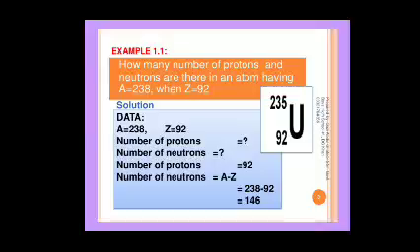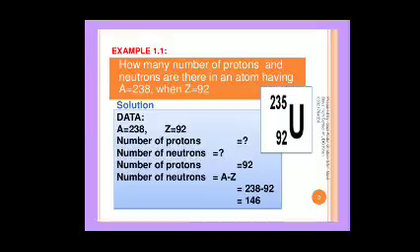146. So 146 neutrons, 92 protons, 92 electrons, and the mass number of uranium is 238. So the number of neutrons present in uranium 92, 238 is equal to 146.